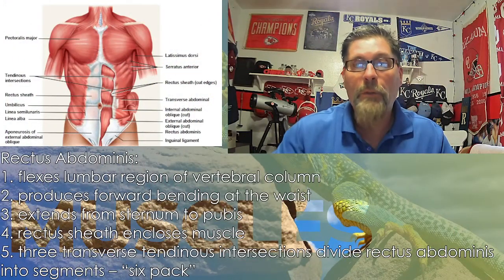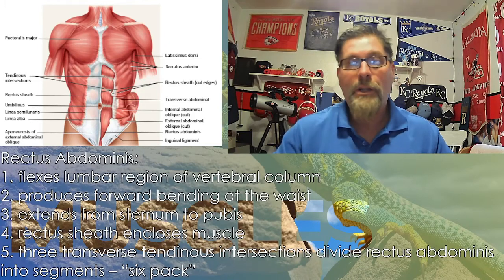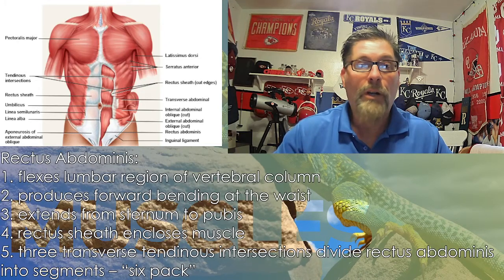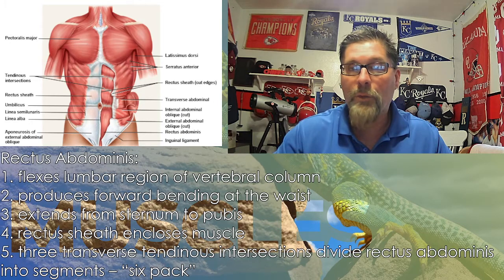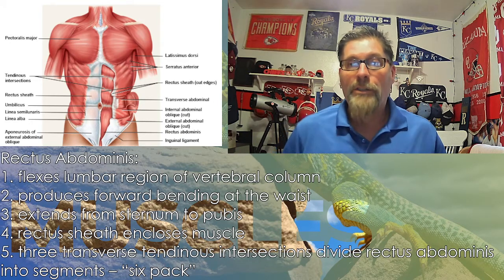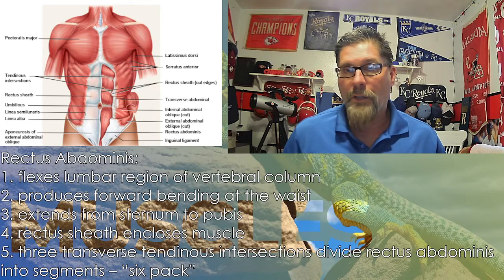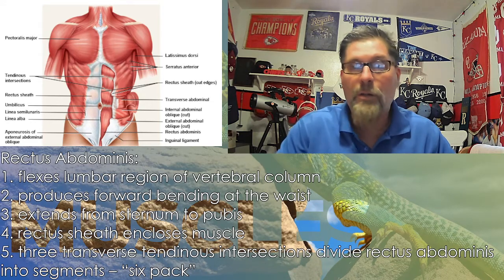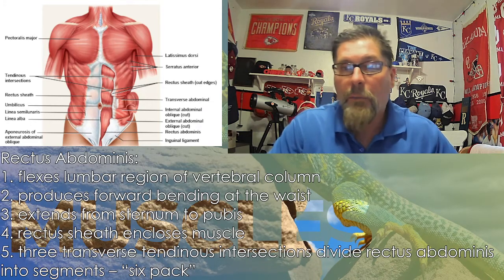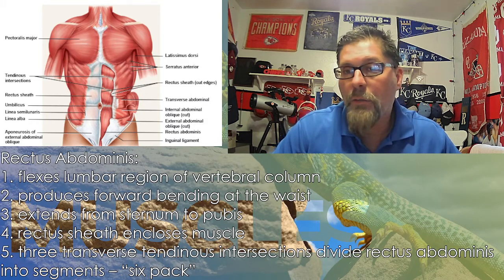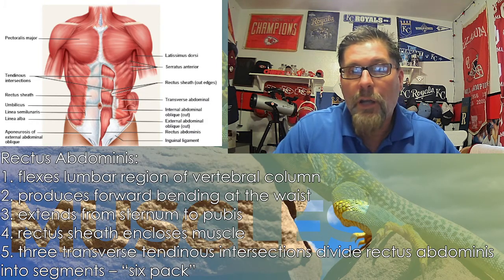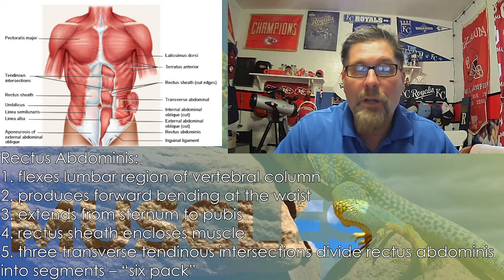And then the fourth member of this group is the rectus. And of course, the rectus refers to the rectum, so it's going to sit lower. These are the ones that are kind of right behind the belly button. It's a good directional point, but it comes from the pubis area, and of course, this is what makes the six pack.